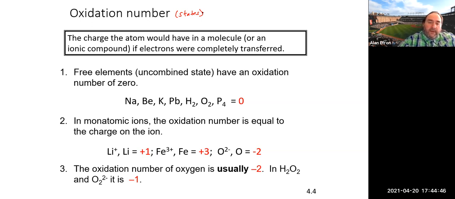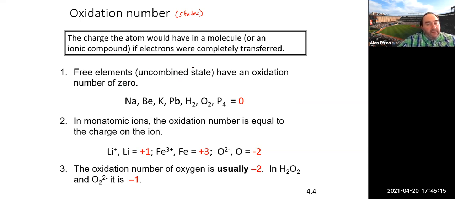So when we talk about oxidation states, you can think about it as the charge the atom would have in that particular compound if all the electrons were transferred. And again, it may not always be the charge we think about for certain elements when they're in ionic compounds.